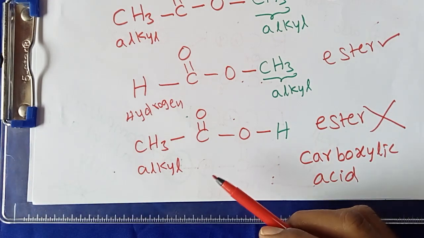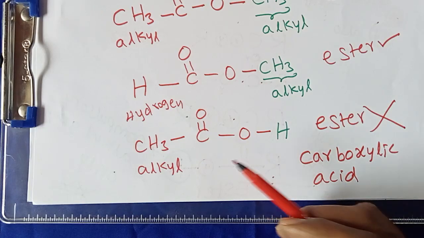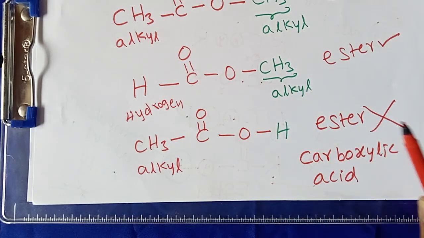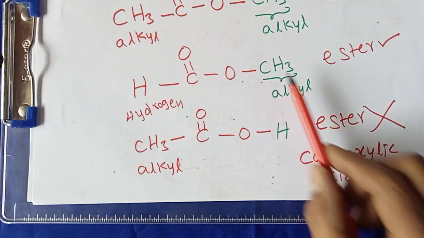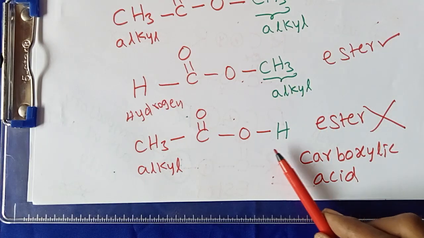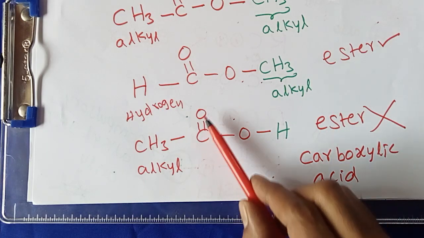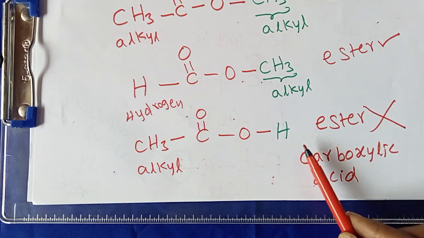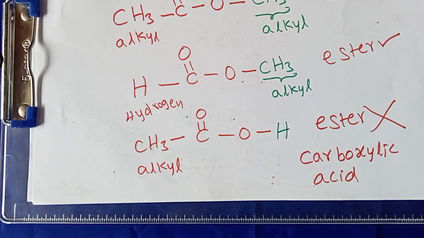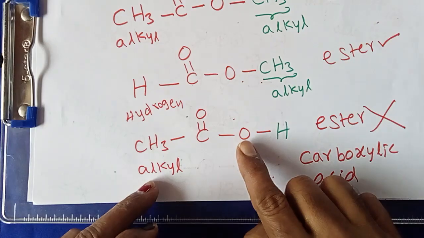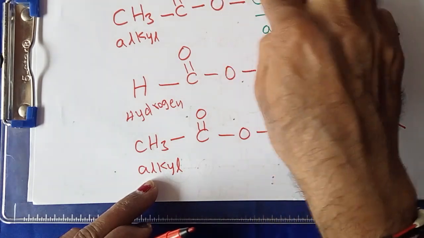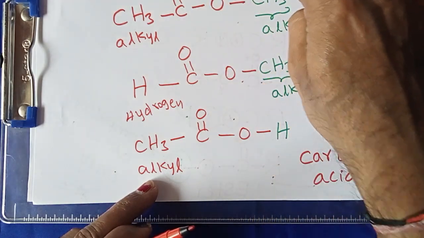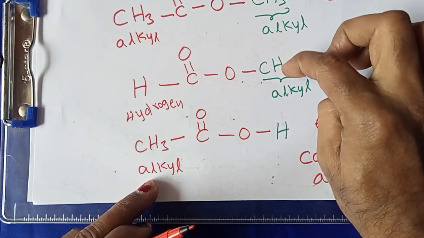So this is the identification of the functional group. First you identify whether the given functional group is ester or not. This is not an ester functional group. This is COOH, another functional group, that is carboxylic acid. So that's why the alkyl group attached to the single bond oxygen is compulsory. R is alkyl only.